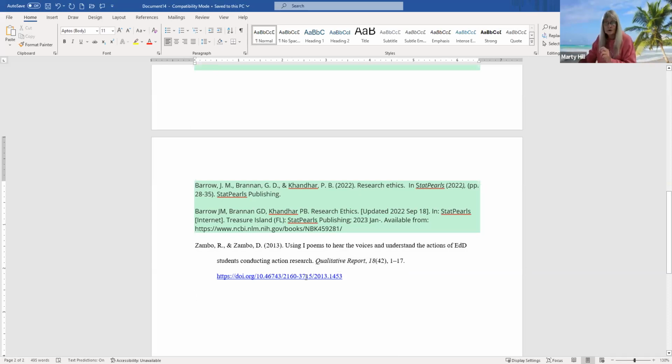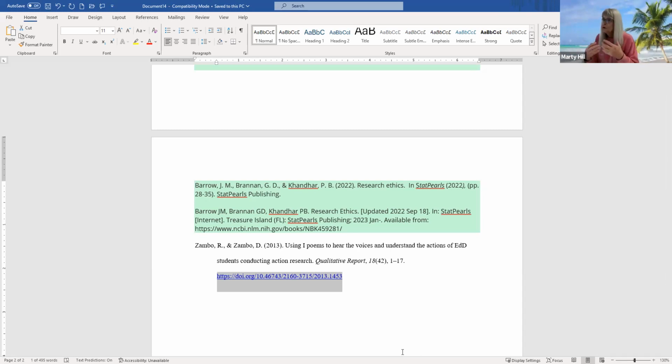All journal articles require a DOI number or a direct link to that article. And a direct link means that it's a URL that somebody in the general public can access without having login information.